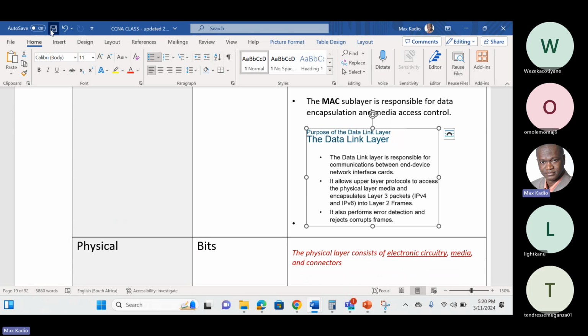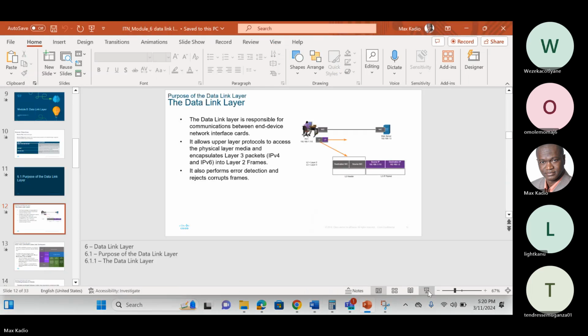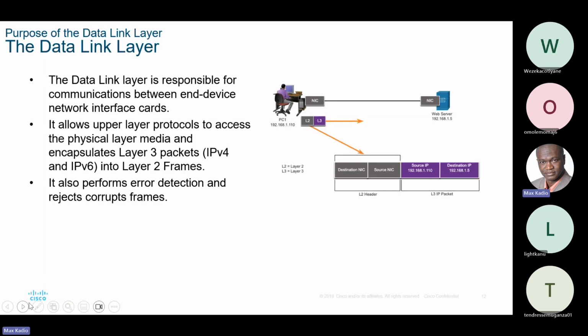Okay, this one is quite interesting. This is what the data link layer does. It's responsible for the communication between end device network interface cards.